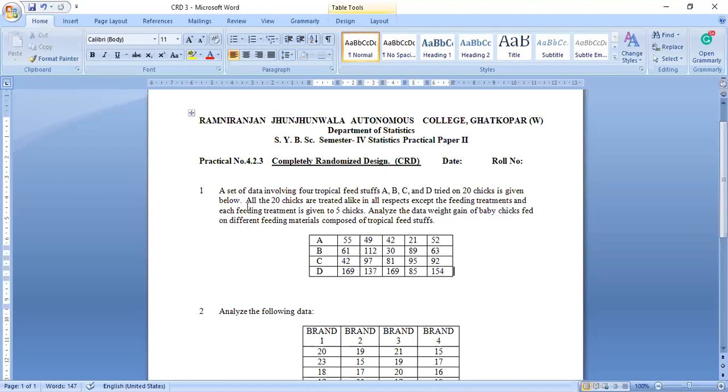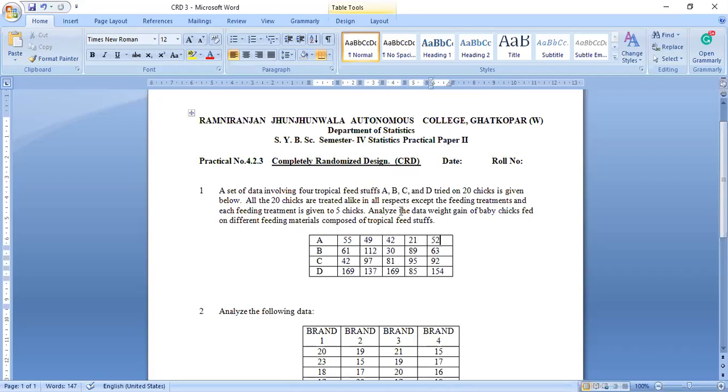And the 26 are treated alike in all respects except the feeding treatments, and each feeding treatment is given to 5 chicks, and they have observed these values.